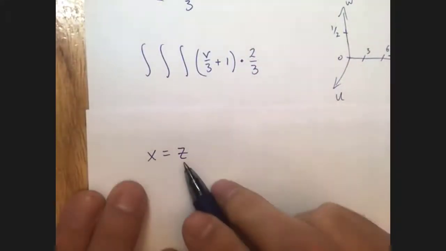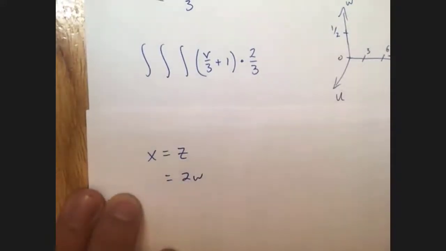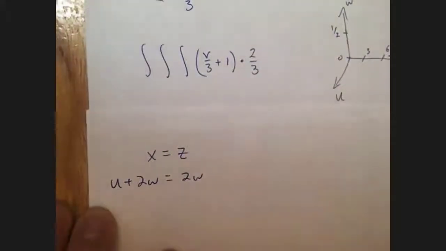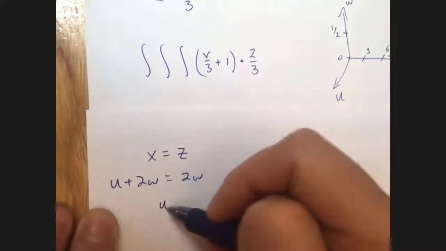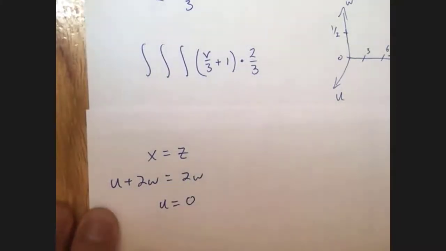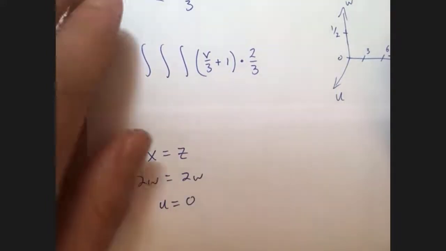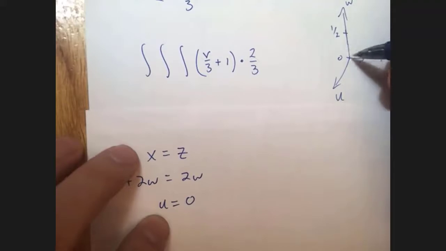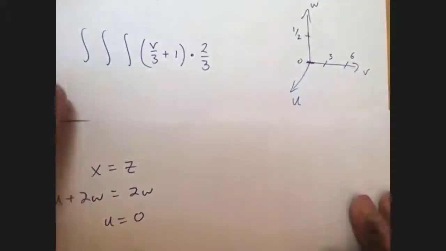Well, Z is the same as 2W. X is the same as U plus 2W, right? So if I solve this for U, this equation is just U equals 0, right? So the lower bound of my inner integral, X equals Z, just becomes U equals 0 here. So we start here, okay?